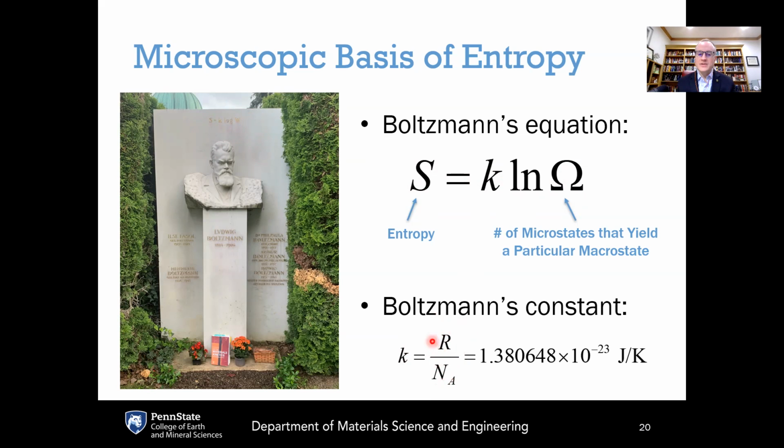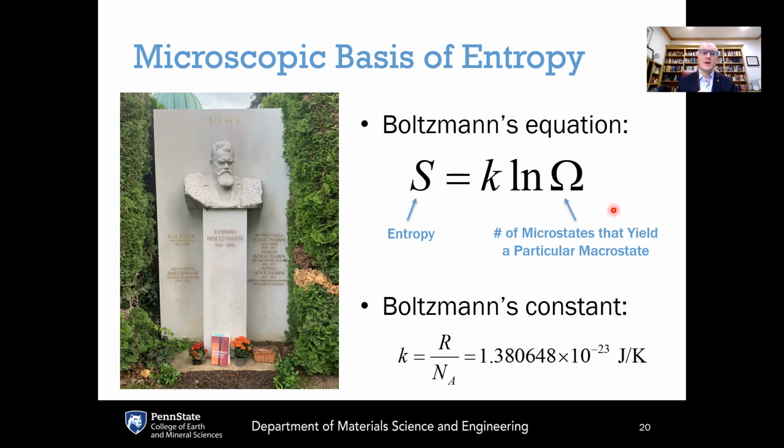In other words, it's the measure of the energy capacity on a molar basis, but dividing by Avogadro's number gets it to you on this atomic basis. It's 1.38 times 10 to the minus 23 joules per Kelvin. That gets multiplied by the logarithm of the number of microstates that yield a particular macrostate.